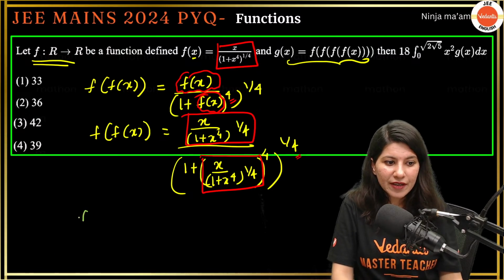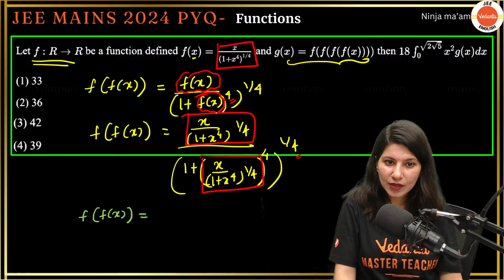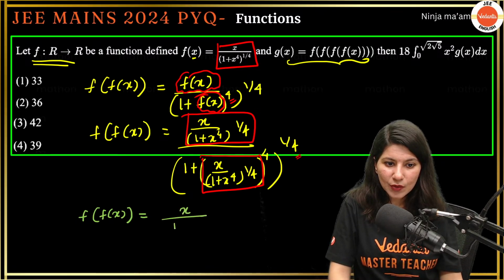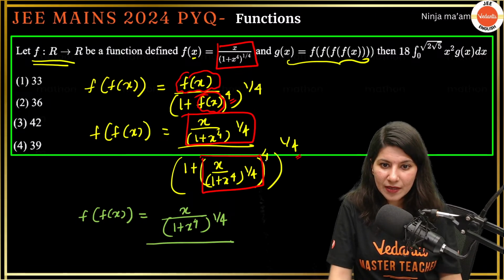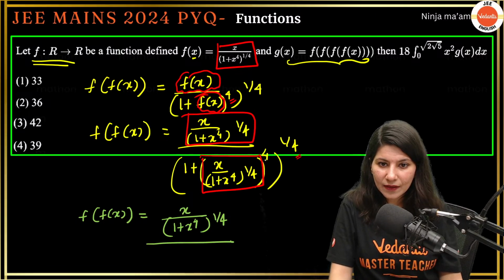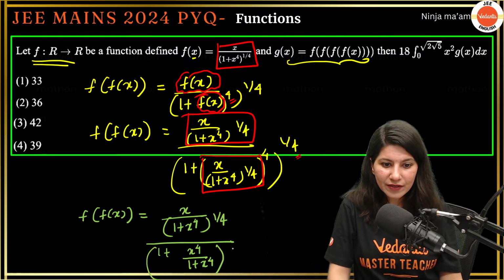Perfect. So f of x is equal to x upon (1 plus x to the power 4) to the power 1 by 4. If you solve it, what will this become? Can you see that this is actually power 4? So this is (1 plus x to the power 4) whole to the power 1 by 4.